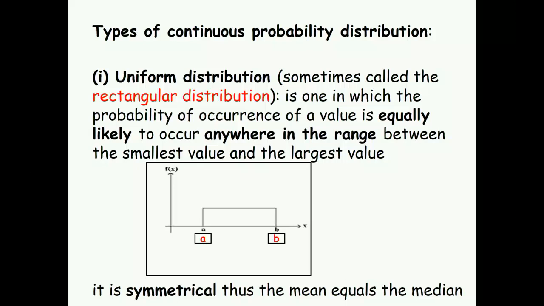Could you think of a uniform distribution but discrete? This is continuous, but could you think of a uniform but discrete? What is the probability that you throw a die and it lands on 1? It is 1/6. The probability of getting 2, 3, 4, 5 is the same.